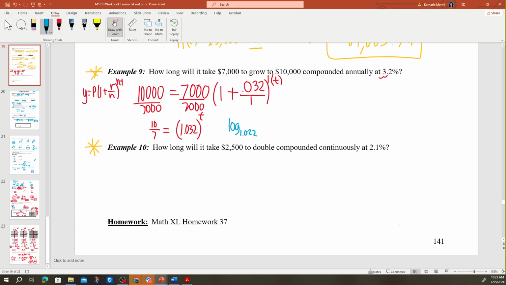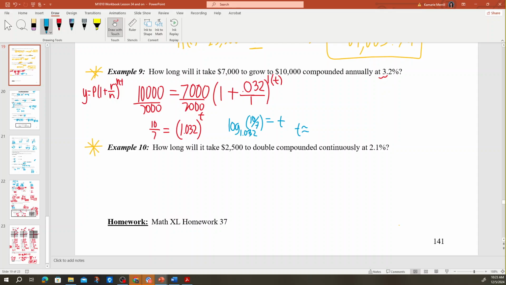Yeah, so it's not pretty, okay? But it's gonna be the log of 10 over 7 with that base will be equal to my t, and this is something I can do the change of base formula with. So it gets to go in as the change of base formula, and now we know those properties, so we can do it, okay? And I apologize for not being able to do this last time with you guys.